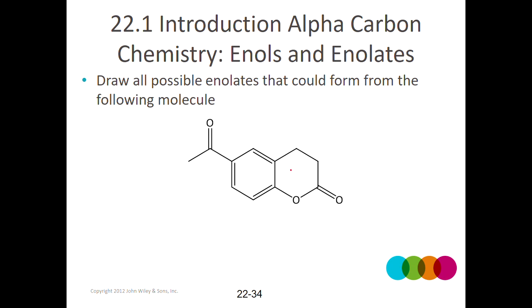So just for practice, where are all my alpha protons? What are the possible enolates that can form? There's no proton here on this side of this carbonyl. This carbon is alpha to the carbonyl. No protons on it though, so I can't make an enolate there. Here, there are protons. There are 3 of them. So I could form an enolate there if a base were around to pick off this proton.